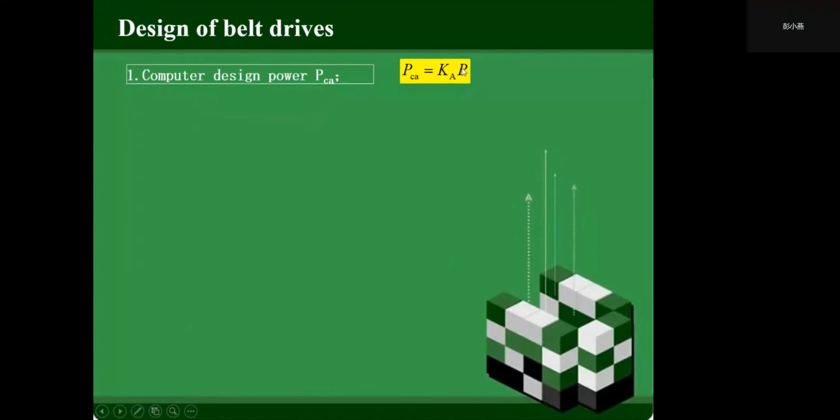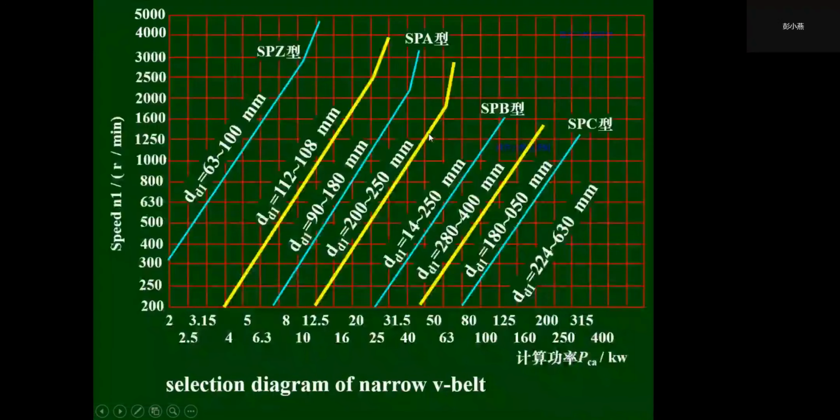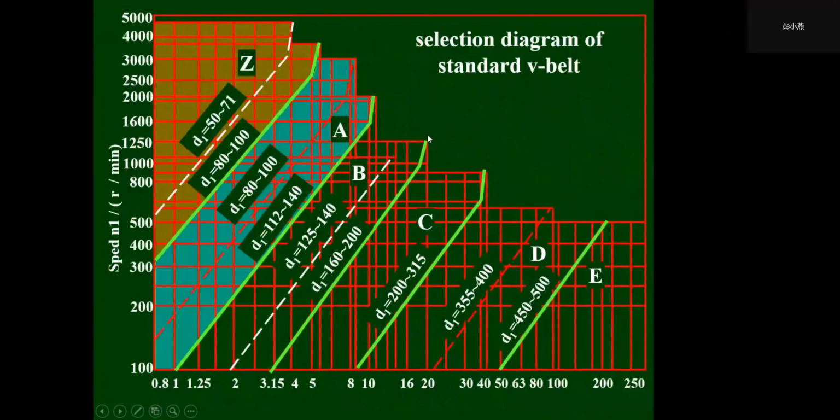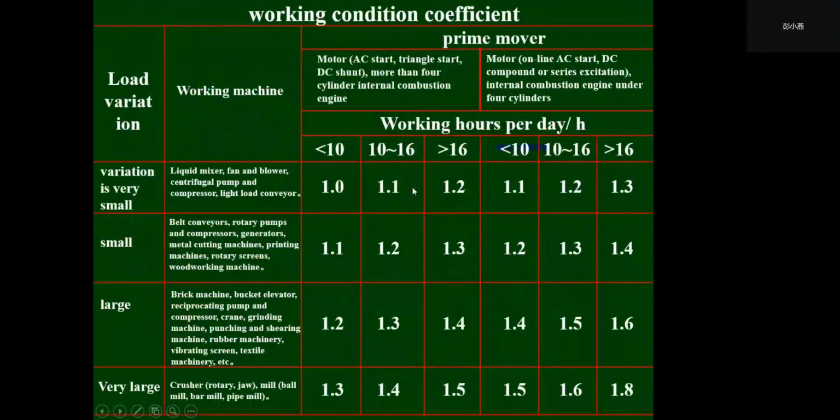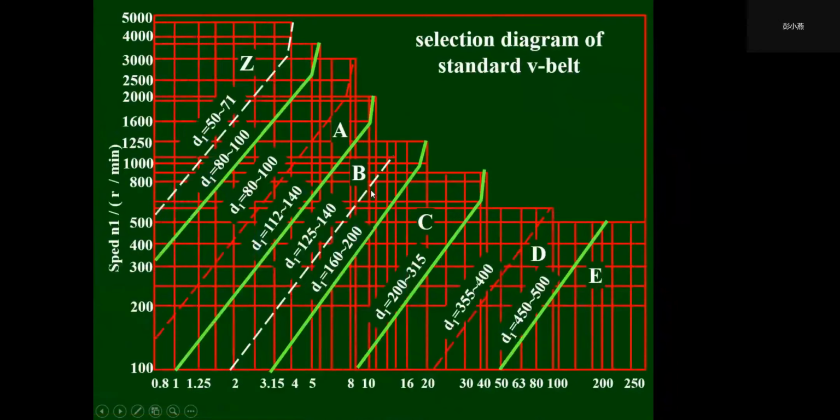Usually we give you this P, and KA can be obtained from this table. KA is the working condition coefficient, and we should know the condition of the working machine and the working hours per day, and then choose a suitable KA.